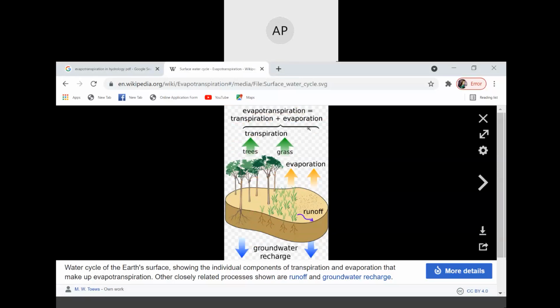So that is the hydrological cycle. Transpiration plus evaporation together form evapotranspiration.